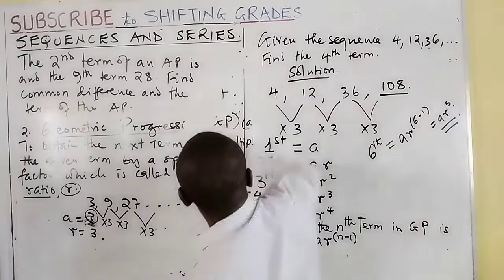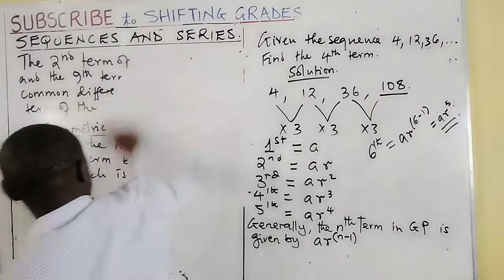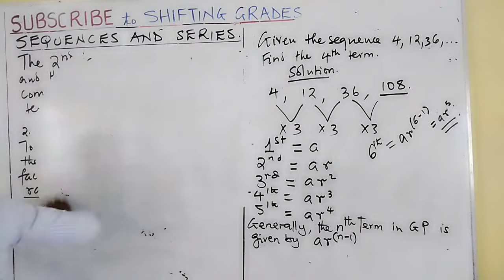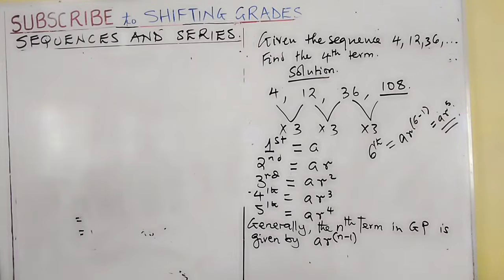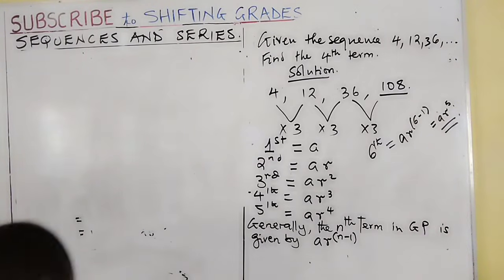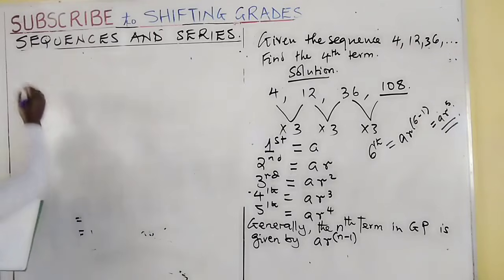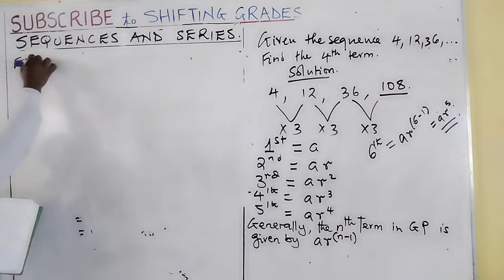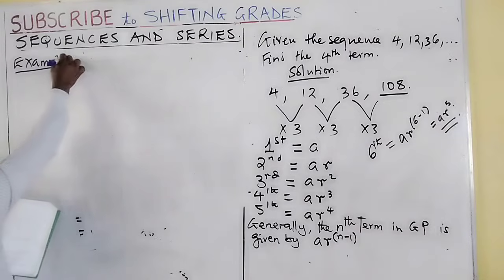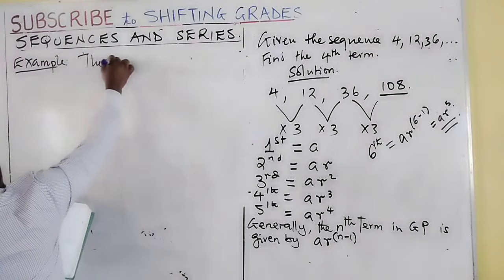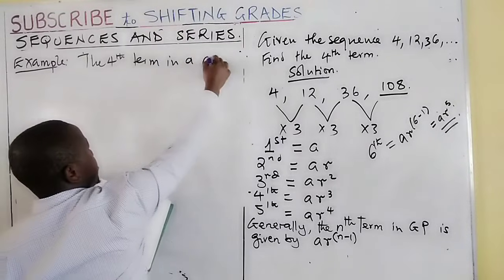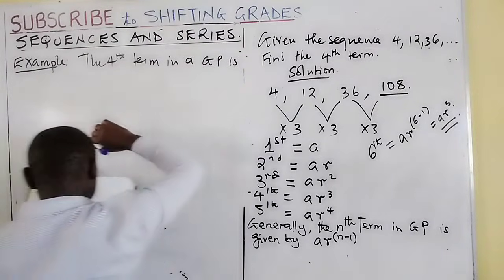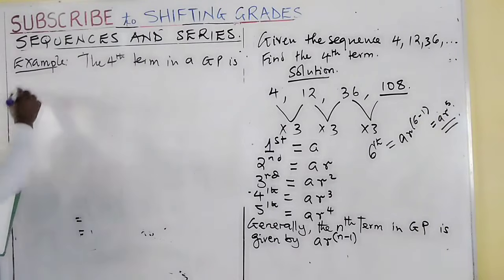So an example here says, the fourth term in a GP is 16.